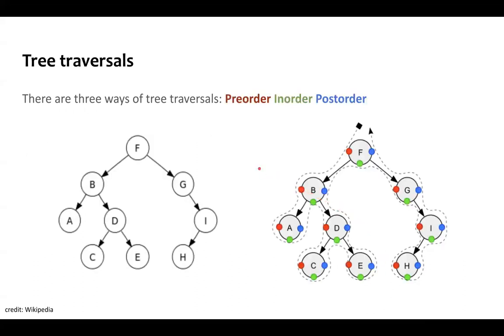So in summary, we have talked about 3 ways of tree traversals. The first one was pre-order. When we are doing pre-order traversal, we're going to visit the node when we are passing the left side of a node. And we talked about in order. In this case, we're going to visit the node when we're passing the bottom side of a node.